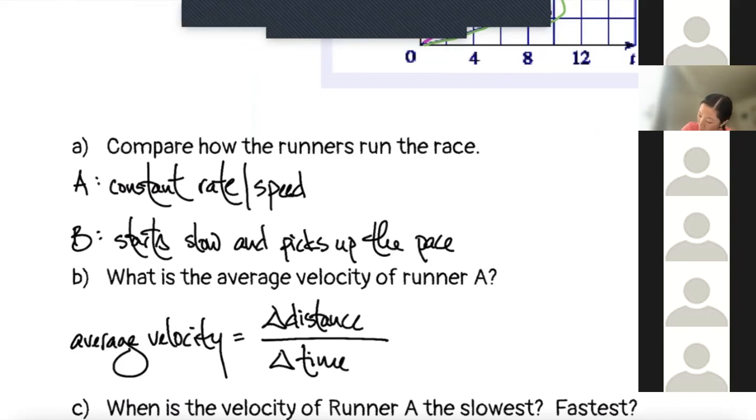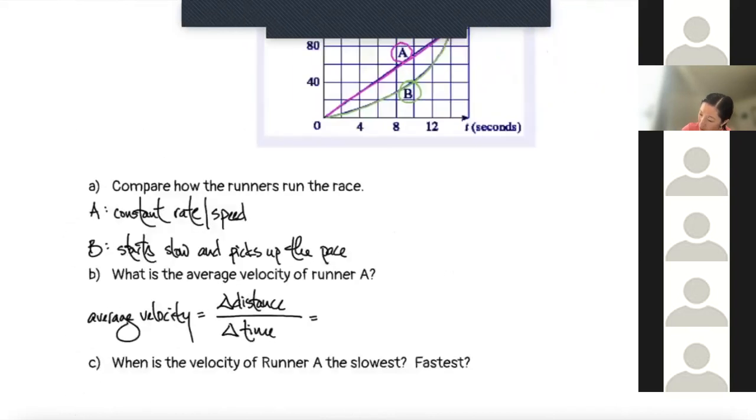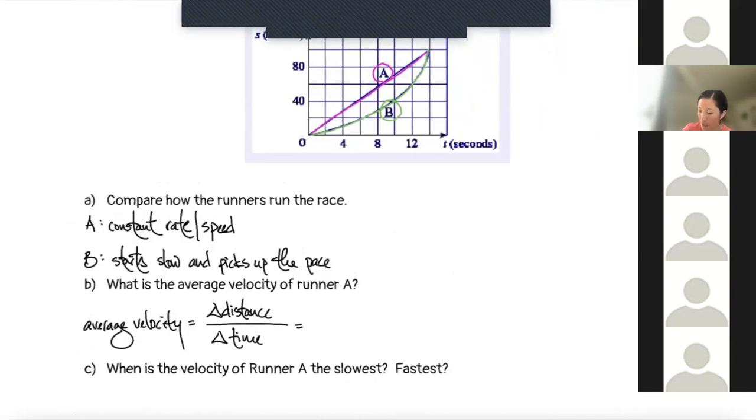Okay. If we look at our distance over time, what kind of values are the distance? Are they x values or y values? These are y values.